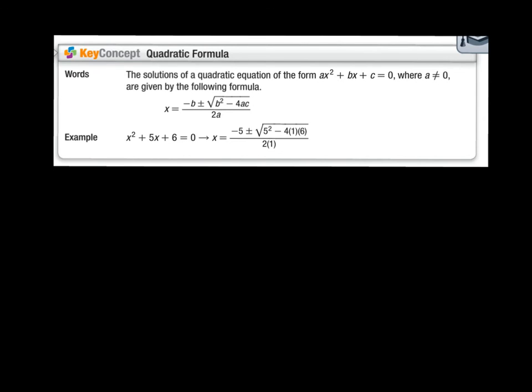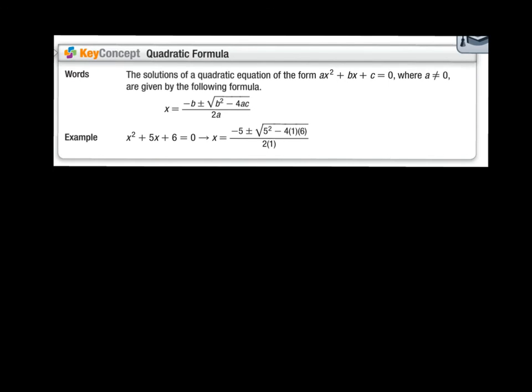So if we go back and recap a little bit, if we're using our quadratic formula to find the solutions of a quadratic equation, we're able to find any and all of our roots, whether they're real or imaginary, which is kind of fantastic.